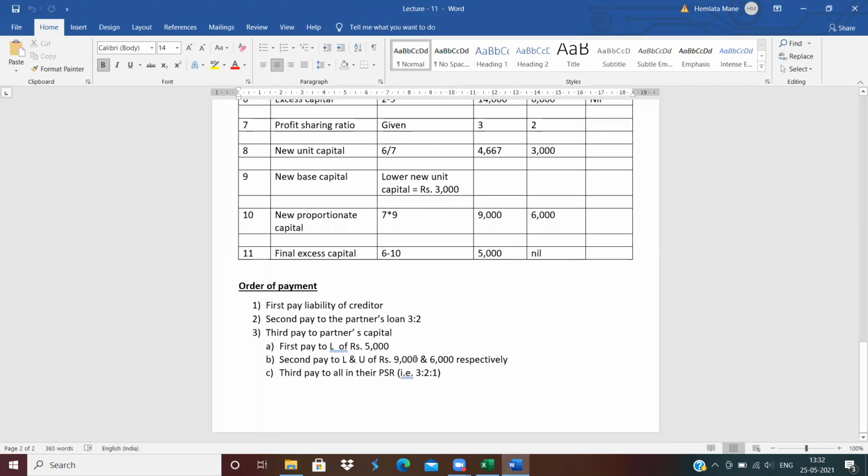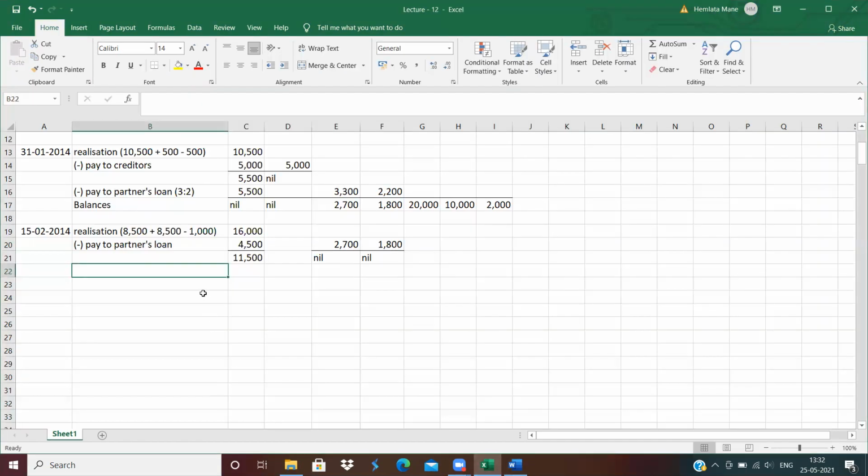First pay to L rupees 5,000. Pay to L 5,000. So write down here less 5,000 and in the Else column also write down 5,000.